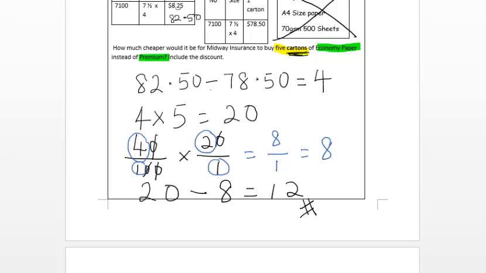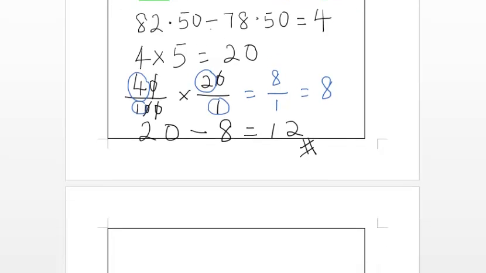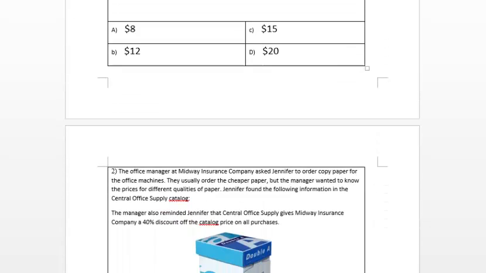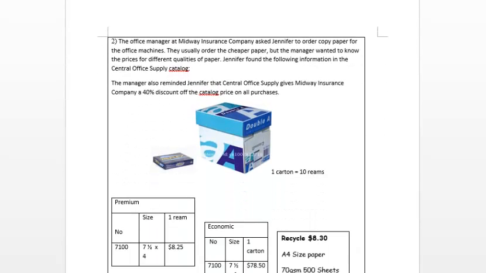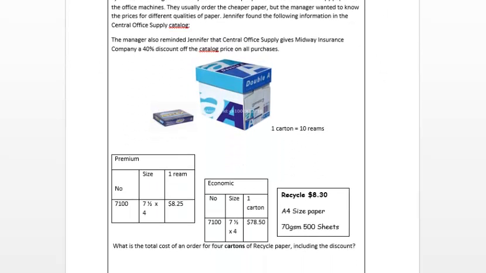Now let's take a look at another question. Question 2 again. The top part is the same, so what I will need to focus on is the 40% discount of all the catalogue prices on all purchases.